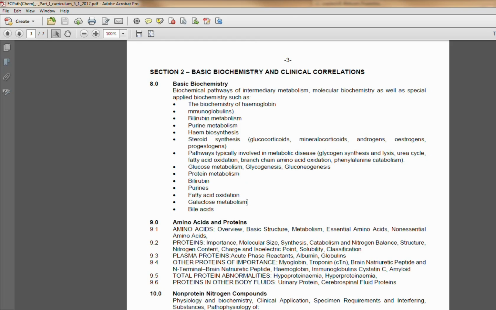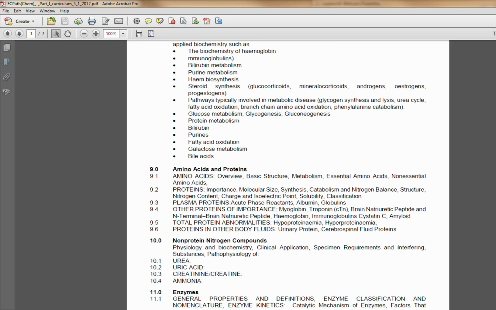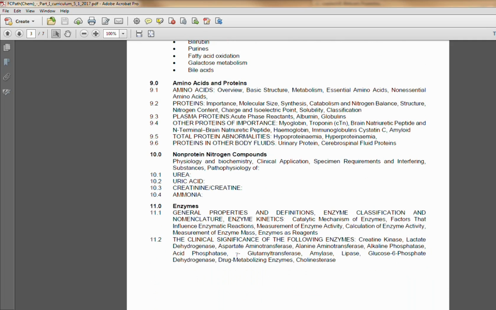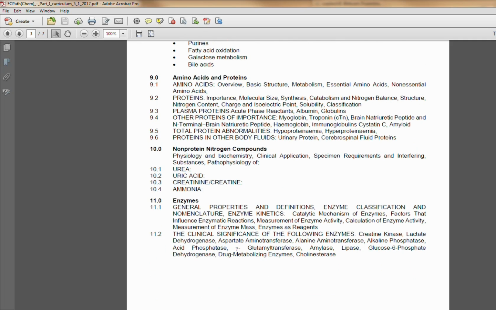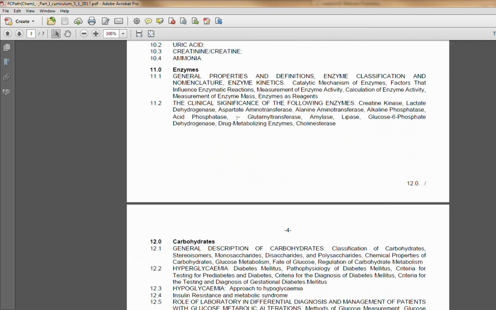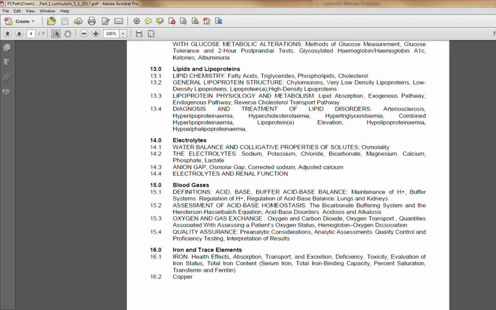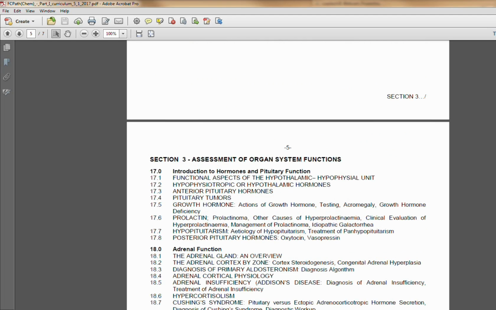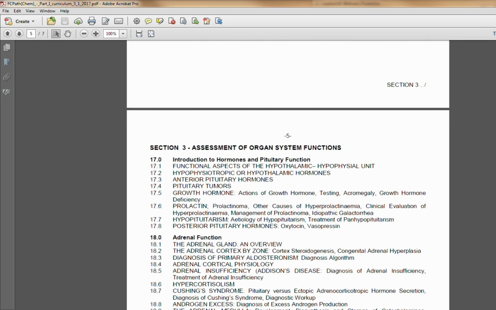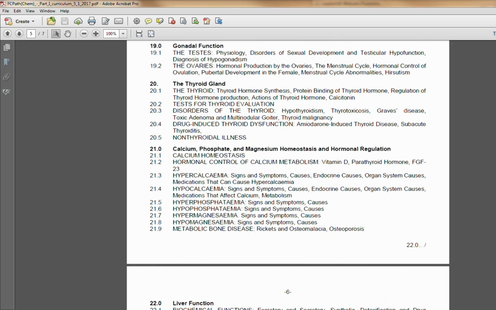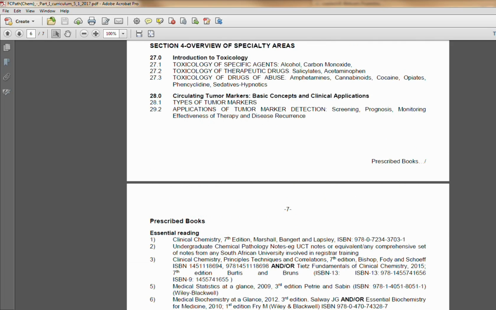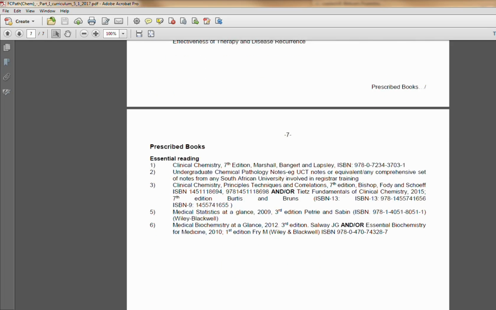The candidate would need to know the biochemical pathways for the major systems in intermediary metabolism. They need to understand amino acids and proteins, and the biochemistry of many of the analytes, enzymes, carbohydrates, blood gases. Obviously, you can go through this at your leisure, and then there is organ system function that needs to be covered.